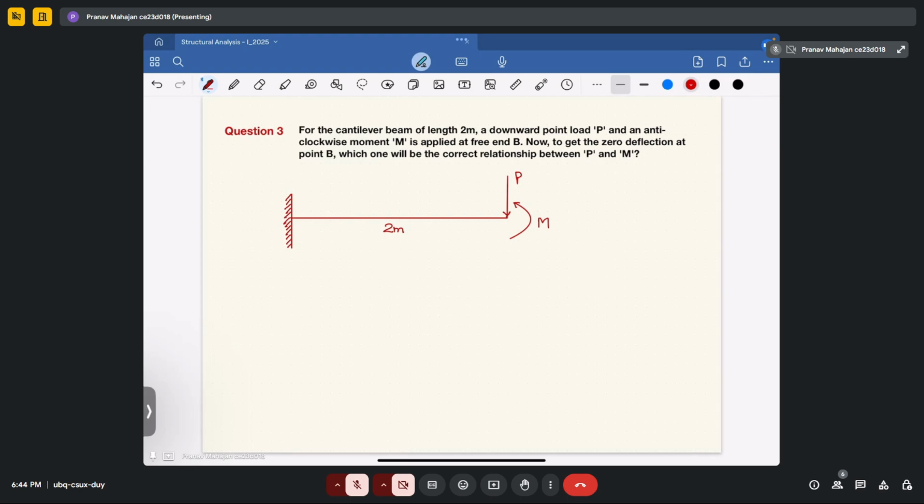So let's first write what the question wants to ask you. To get zero deflection at the point B, you have to find the correct relationship between P and M. We have to find the relationship between P and M in such a way that your deflection at end B, so suppose this is AB, your delta B with respect to A should be equal to 0.